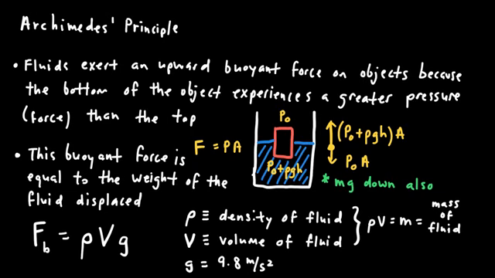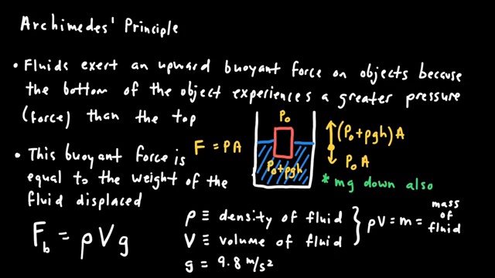And the downwards force caused by the atmosphere pushing down on the top of the object would be the pressure at the top, which is atmospheric pressure, or P naught, times A. And because of this fact, there is an upwards force. You could imagine subtracting those two force vectors that points upwards. And that's what we call the buoyant force.